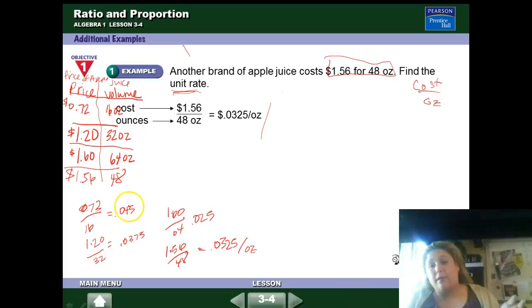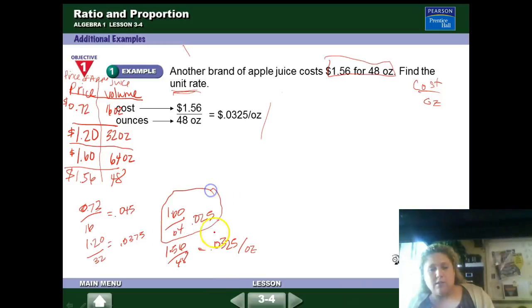Here I'm paying, and I probably should be a little more detailed because these are all awful close. Here I'm paying 4.5 cents per ounce. This is 0.03, so 3 cents, almost 4 cents, so this one's more expensive. Here it's costing me a little over 2 cents, and this one is a little over 3 cents. So obviously this is my cheapest price per ounce.